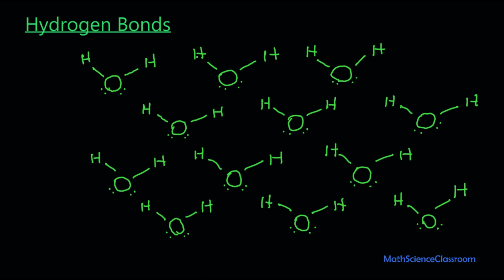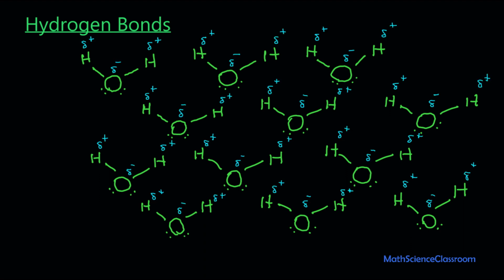And let's add our partial charges. So now we see what charges we're working with. Notice that the hydrogen has a partial, the delta means partial charge, it's positive, and the oxygen has a negative partial charge.